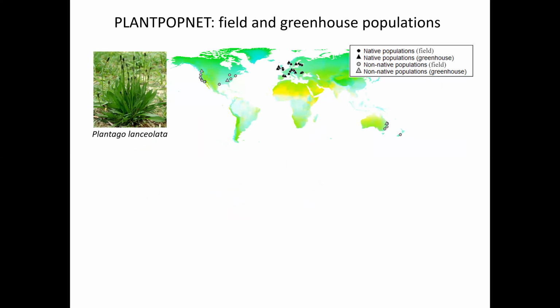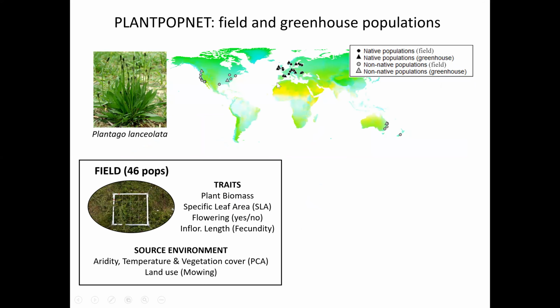To achieve these objectives, we monitored multiple populations of Plantago lanceolata, spanning a large environmental spectrum and including both native and non-native ranges of the species. In 46 field populations, we recorded plant biomass, SLA, flowering, yes or no, and inflorescence length as a proxy for fecundity.